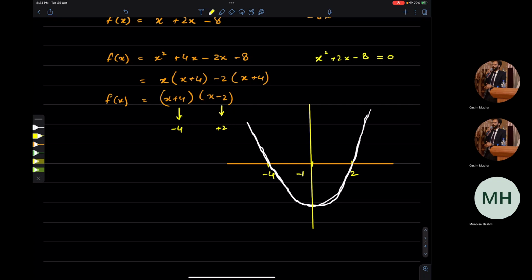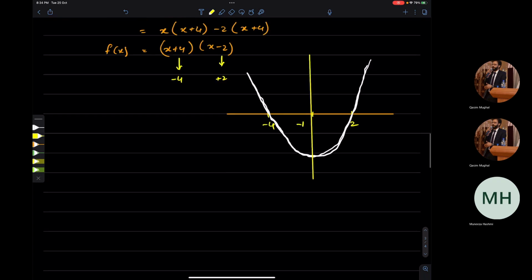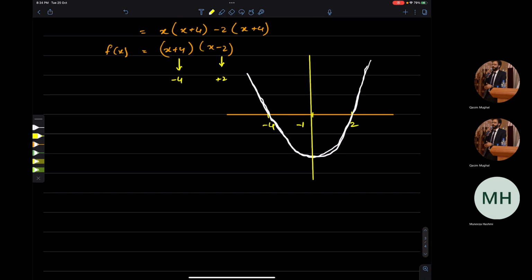The vertical line has an equation x equals any constant, remember? So in this case, if the examiner asks you to write down the equation for the line of symmetry for this particular quadratic function, then it is going to be x equals negative 1. This is the equation for the line of symmetry.